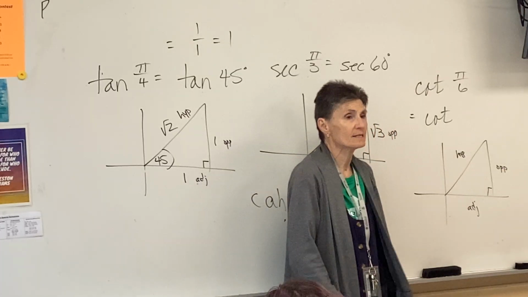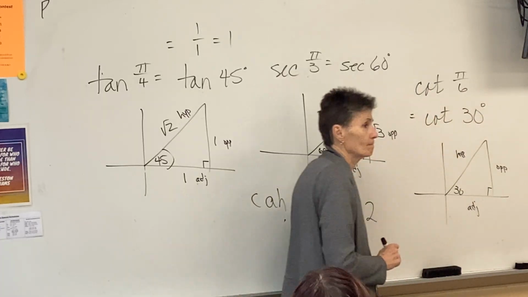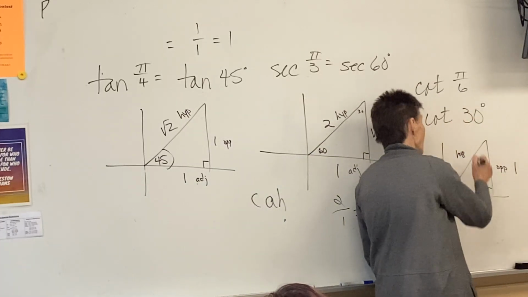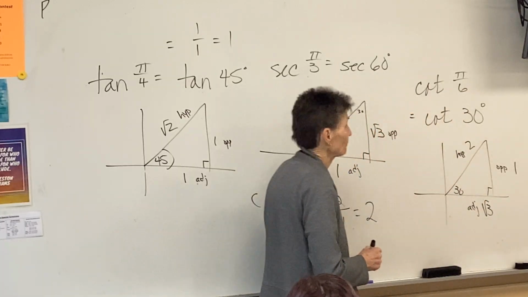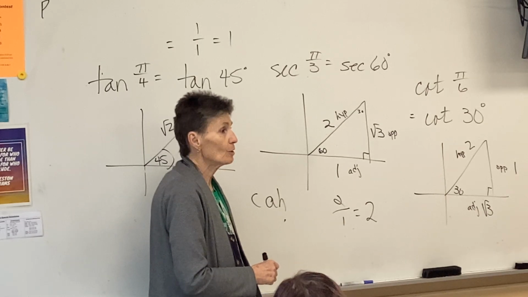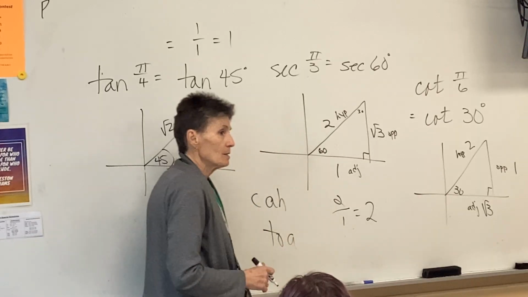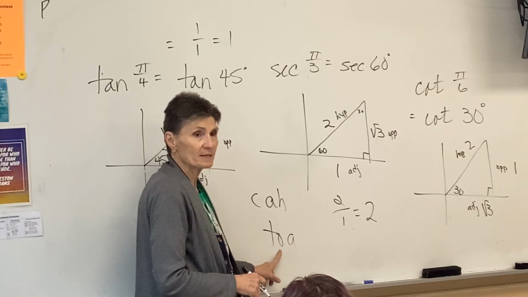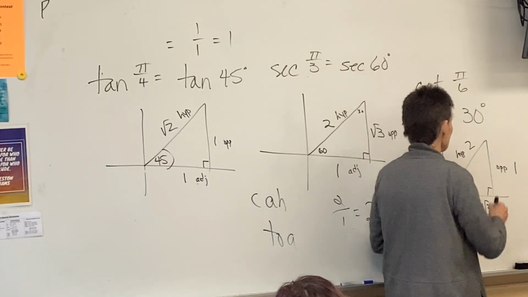Pi over 6 is 30. And you put your 30 right here. Across from the 30 is 1. Hypotenuse is 2. Other side is root 3. You wanted the cotangent. Cotangent is, let's see, tangent is TOA. So cotangent would be adjacent over opposite. So adjacent, here's my picture, adjacent over opposite. Did you get root 3?